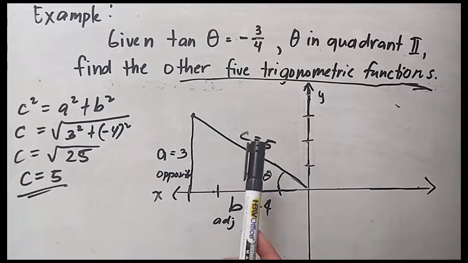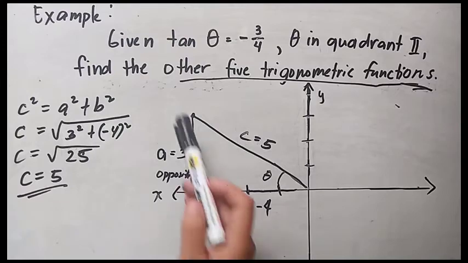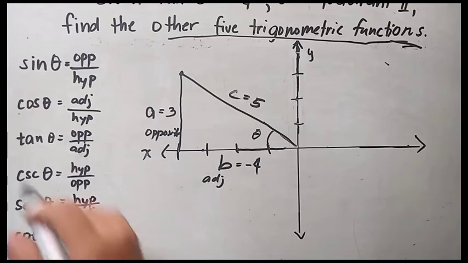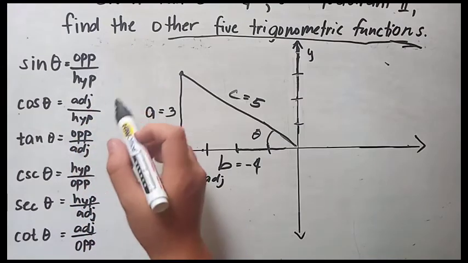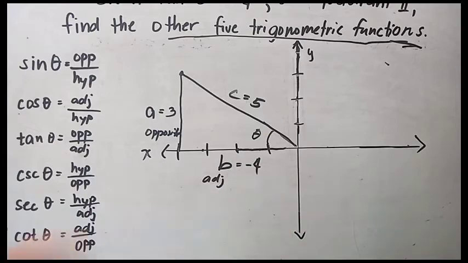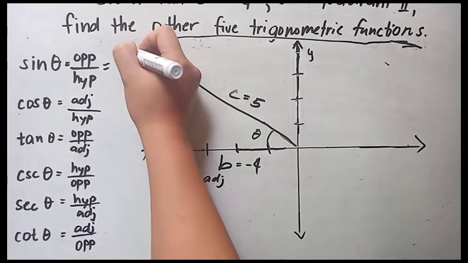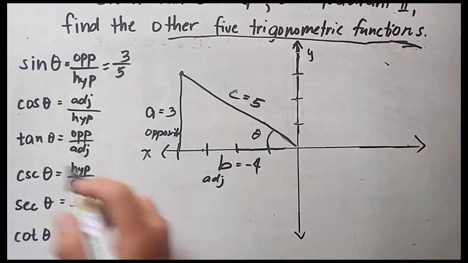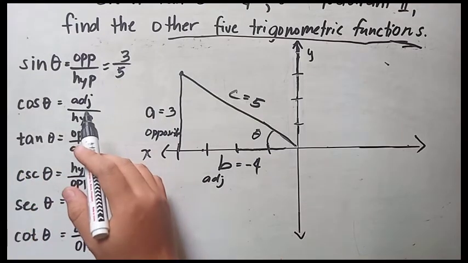So since nakuha natin lahat ng sides, we are now ready to find the other 5 trigonometric functions. So sin theta is equal to the opposite over hypotenuse. So that is 3 over, very good, that is 3 over 5. Next, cosine theta, that is adjacent over hypotenuse.